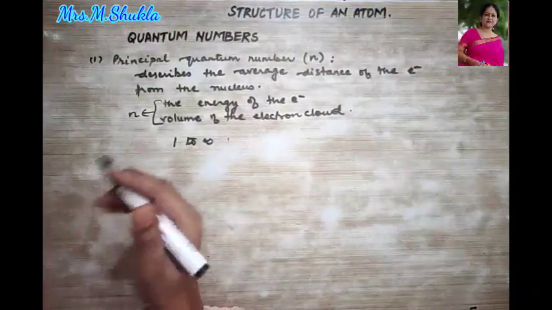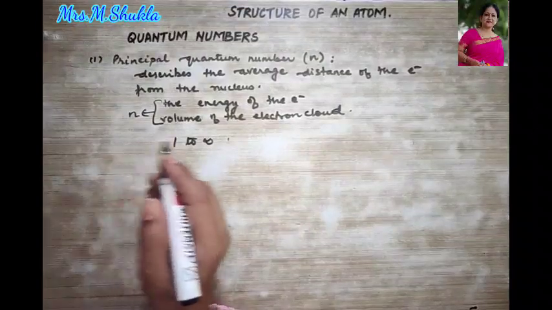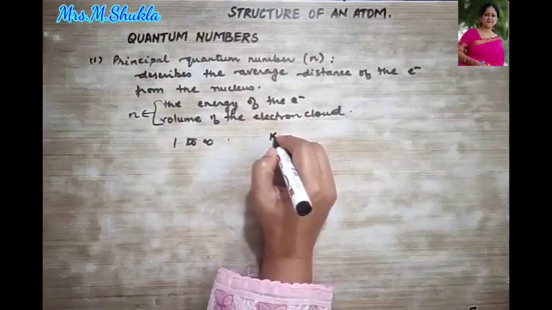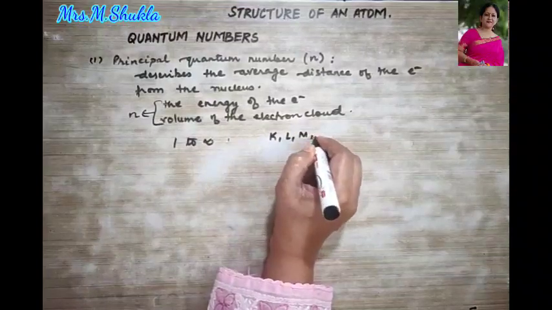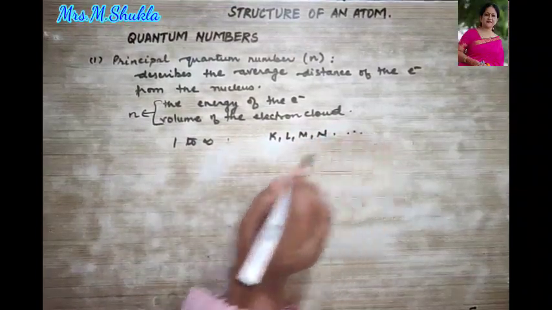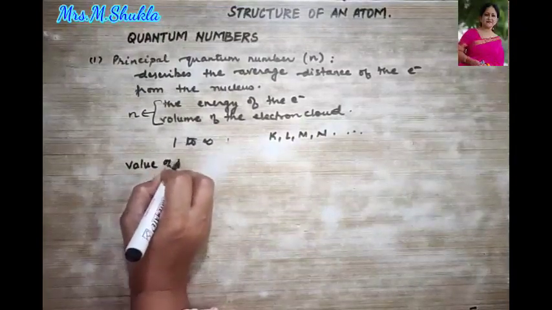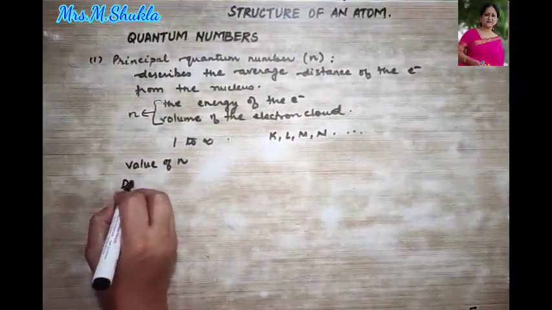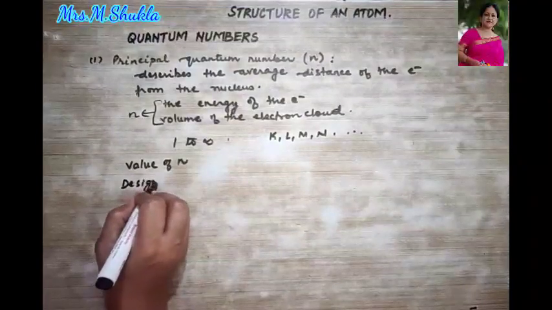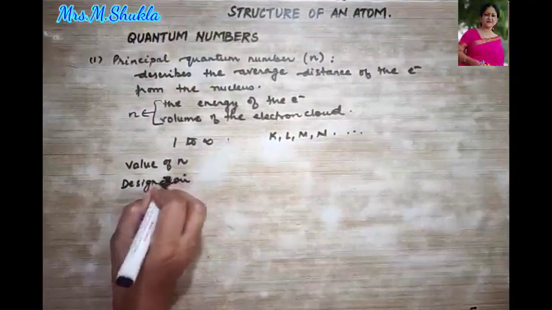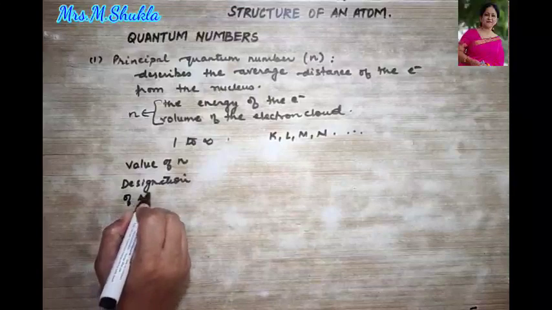So the shells, or energy shells that we call, are designated as K, L, M, N and so on. Let me explain it like this: value of N and the designation of the shell.